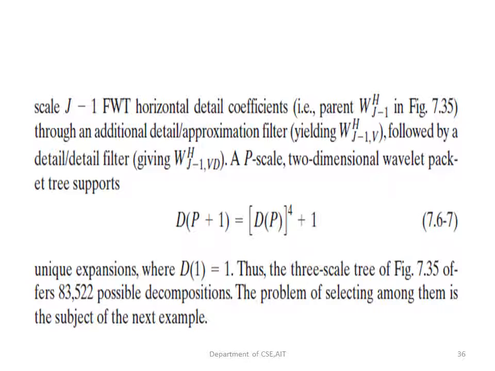The 3-scale tree of this figure 7.35 offers 83,522 possible decompositions. How we select among them is left to the person who is looking at this wavelet transform.